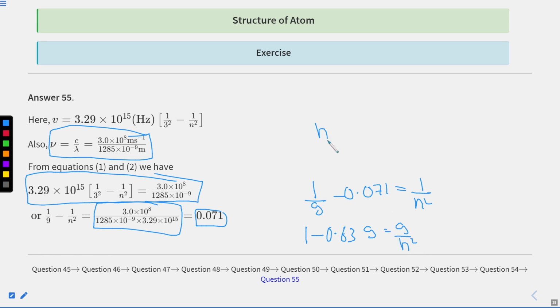Or n square is equals to 9 by 1 minus this much. So that would give us 9 by 0.36.